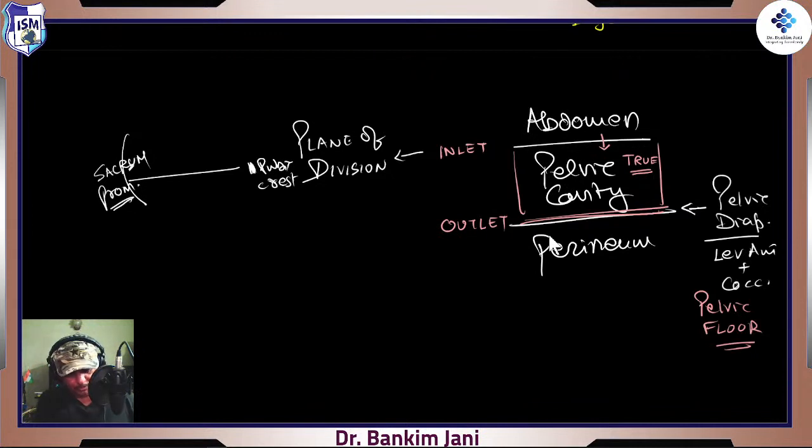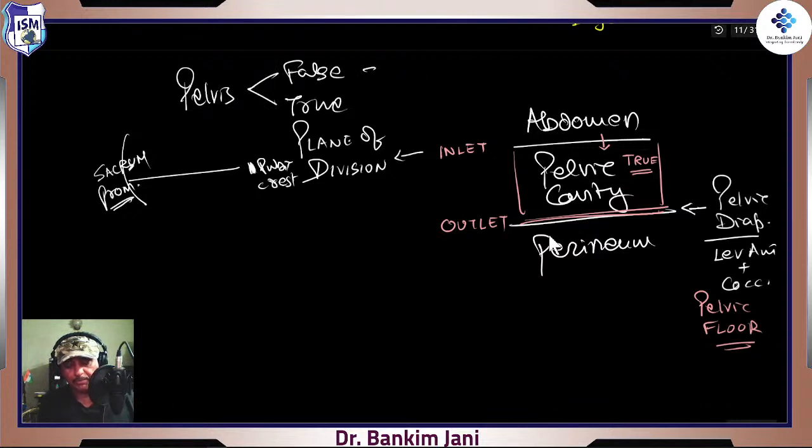So then what about the false pelvis? The pelvis is divided into the false pelvis and the true pelvis. The false pelvis is also called the greater pelvis. Those alae of ilium are actually forming that pelvic cavity in which the abdominal contents are there, so there is abdominal continuity into that.